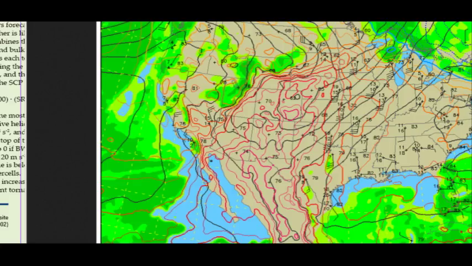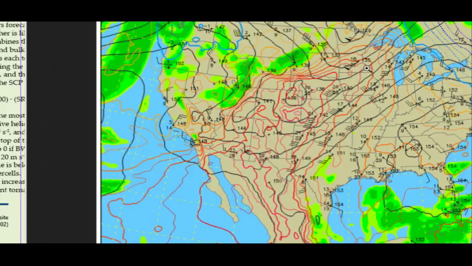Dropping down to 850, we can get an idea of where the surface systems are. There's 850. Looks like we have a new cold air outbreak coming through Montana into Saskatchewan. So we're going to have that going on there in the northern plains.